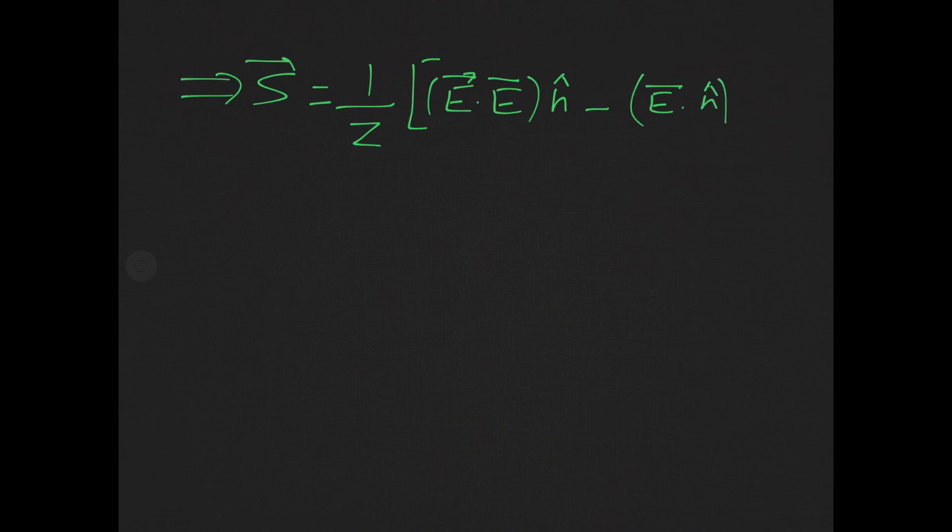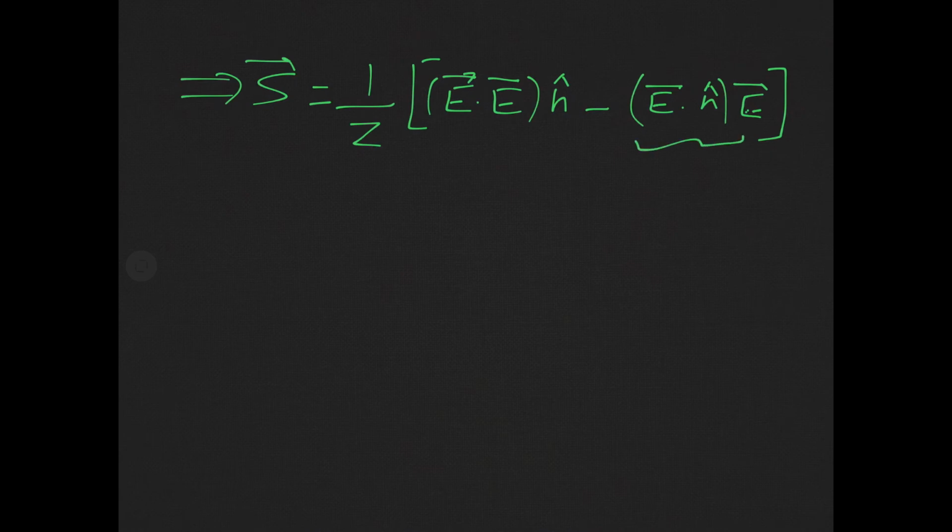So we can write this Poynting vector S equal to 1 over Z into E dot E into n hat minus E dot n hat into E. This is evident from the definition of triple vector product.